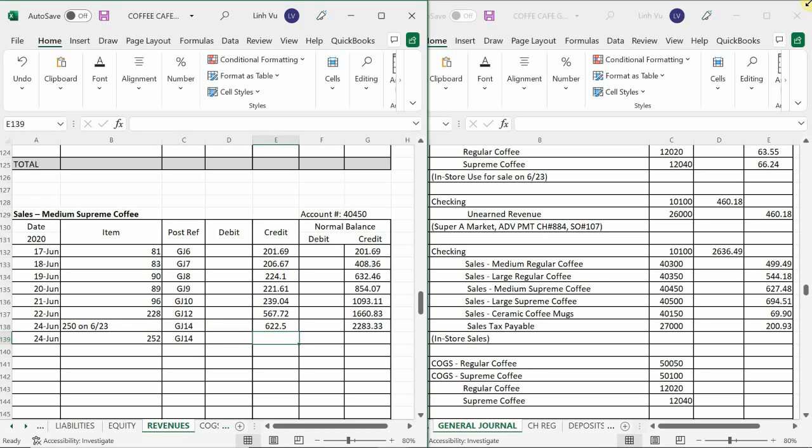At a grand total of $627.48. So how much is the ending balance? 2,910.81. Good.